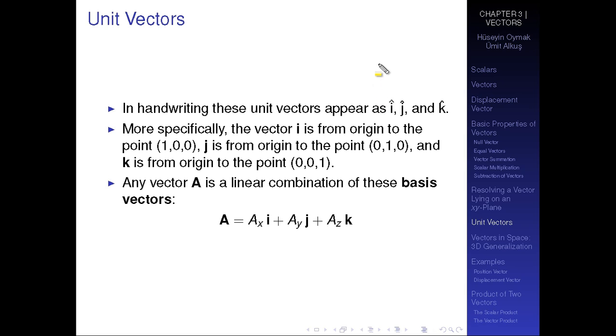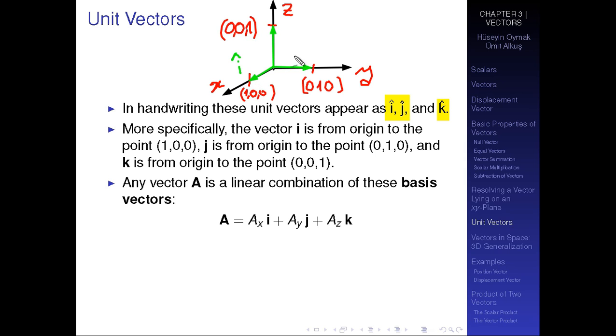In handwriting, these unit vectors appear as I hat, J hat, and K hat. More specifically, the vector I hat is from origin to the point 1, 0, 0. J hat is from origin to the point 0, 1, 0. And K hat is from origin to the point 0, 0, 1.